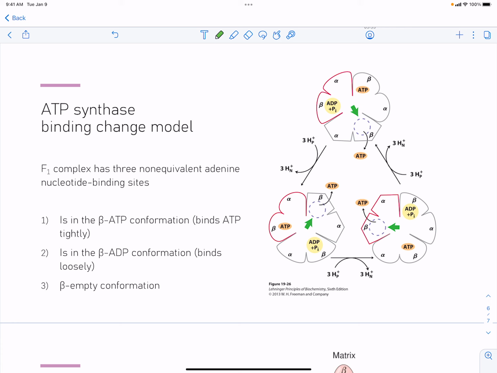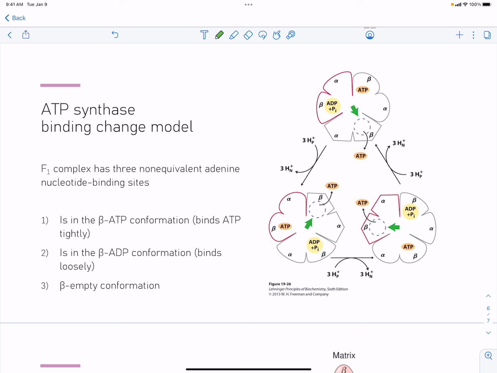The beta portions are going to bind ATP tightly if it's in the beta ATP conformation. If it's in the beta ADP conformation, it binds loosely. And then there's also a beta subunit that's empty. Now keep in mind the alpha is not going to participate in the binding of ATP or ADP. It is there just for structure.